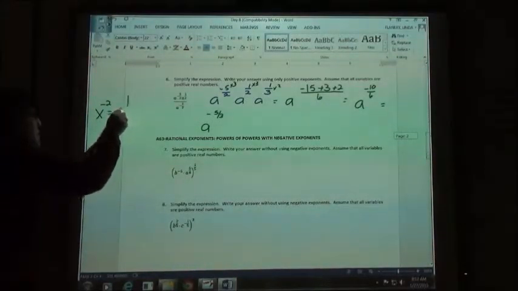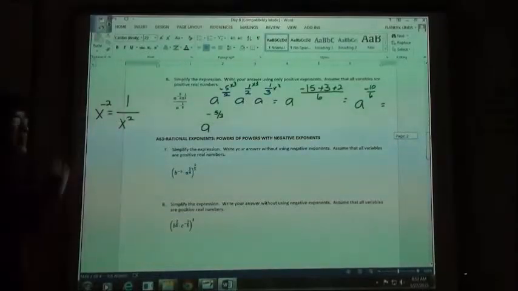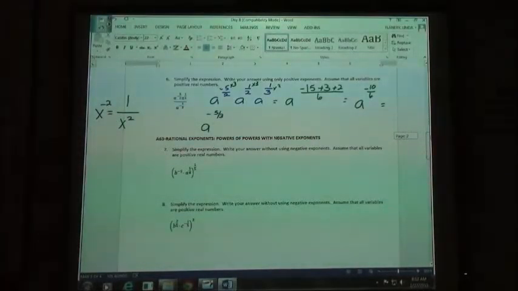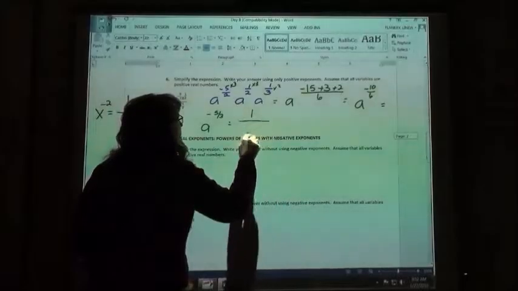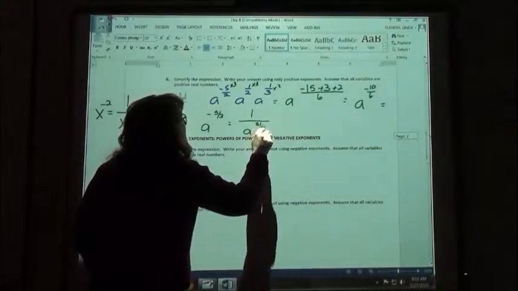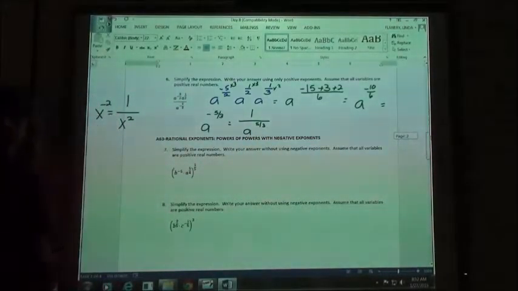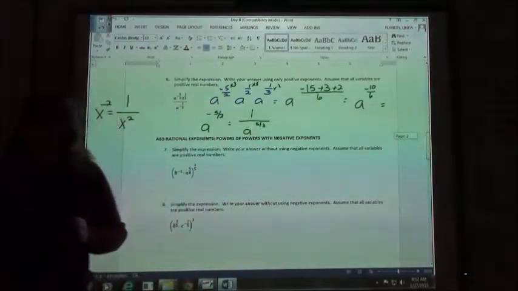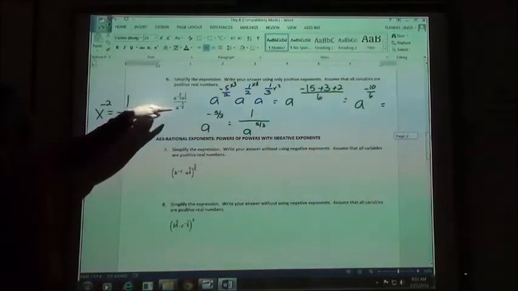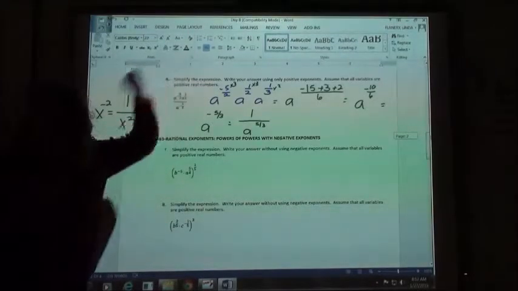I wrote it as 1 over x squared, right? So what do I have to do with the a to the negative 5/3? 1 over a to the positive 5/3, right? So I'm taking it from the top, moving it to the bottom, so the sign changes. Kind of like here, it was on the bottom, and when I moved it to the top, the sign changed.